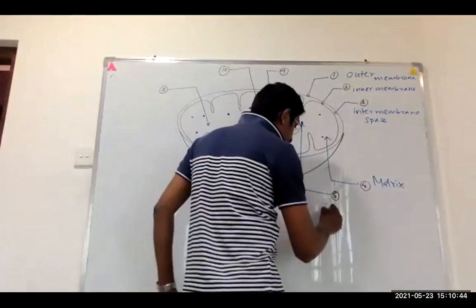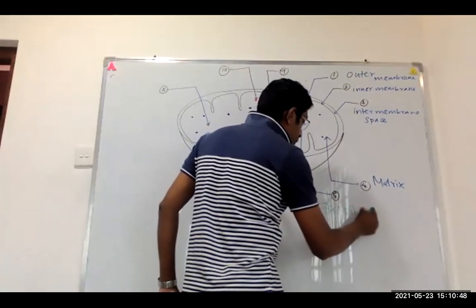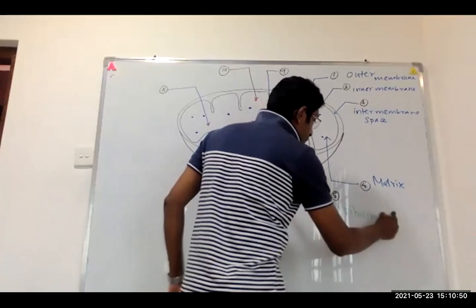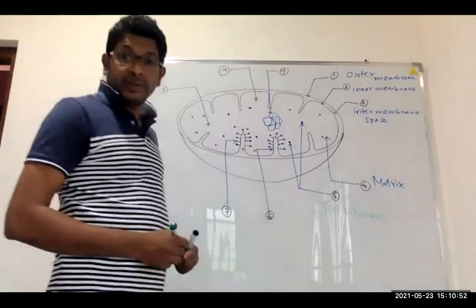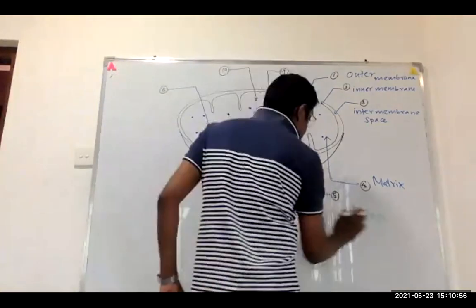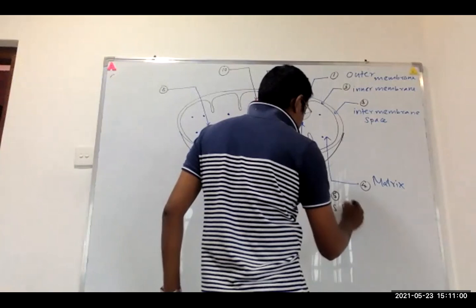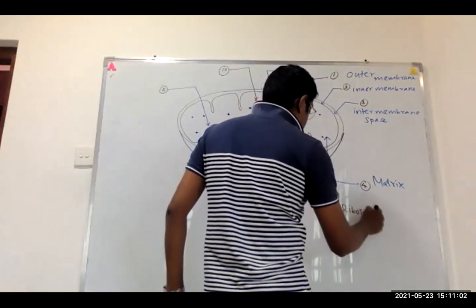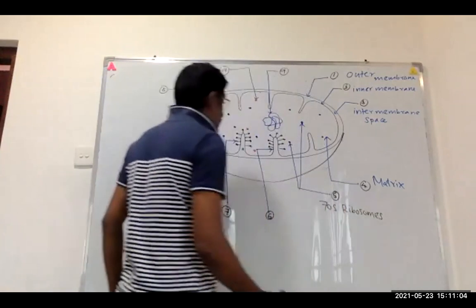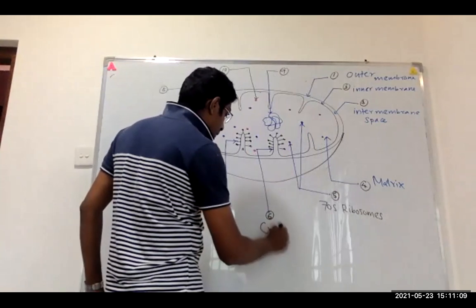Fifth one, 70S ribosomes. Next one, cristae.